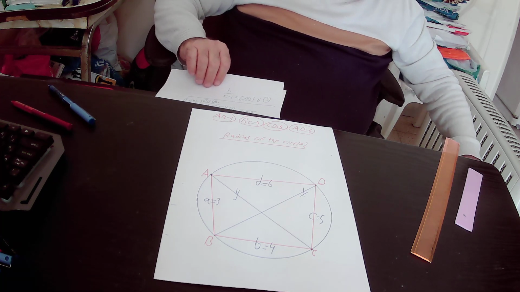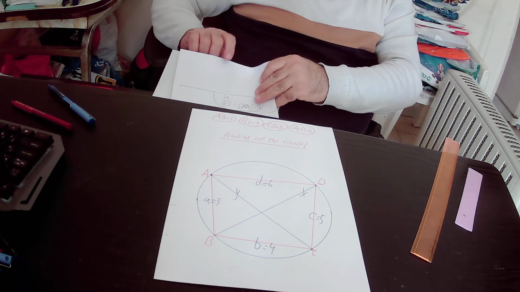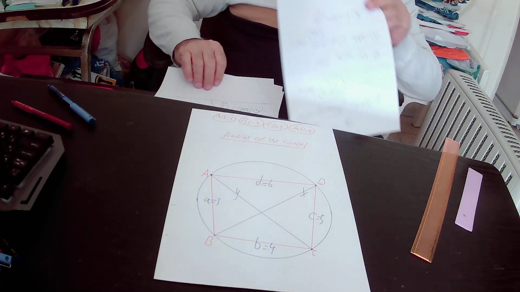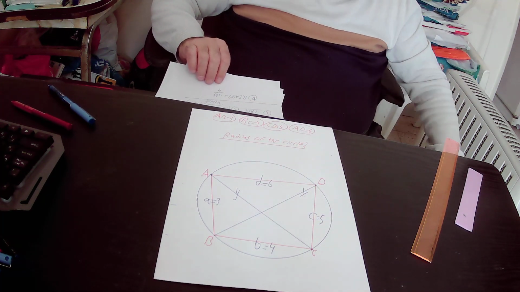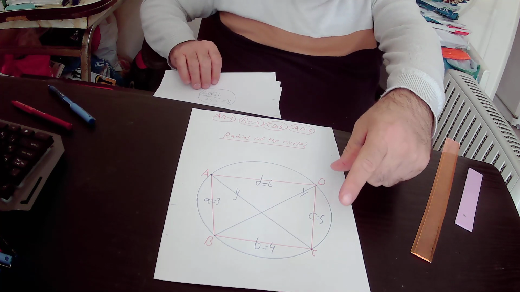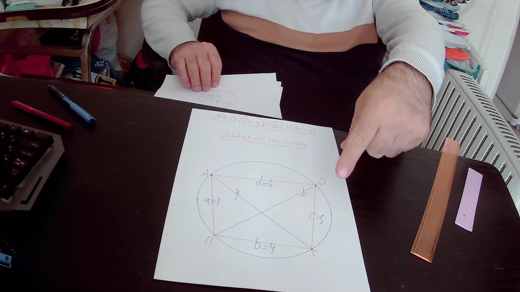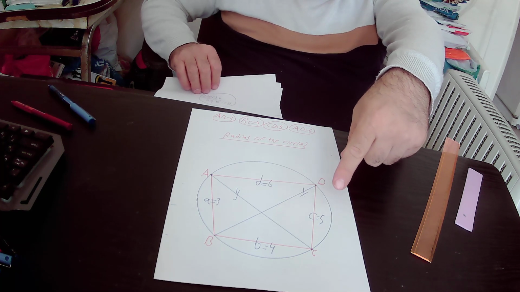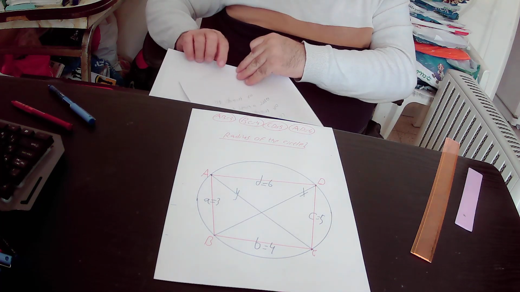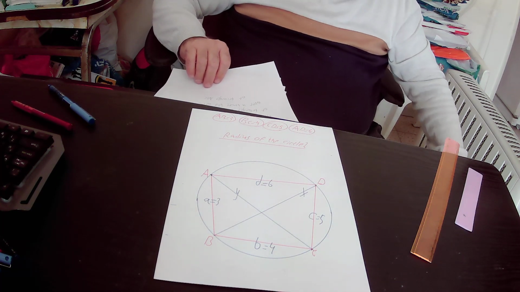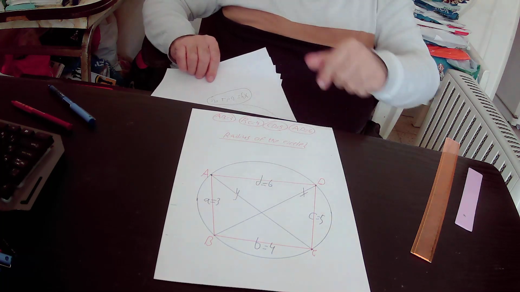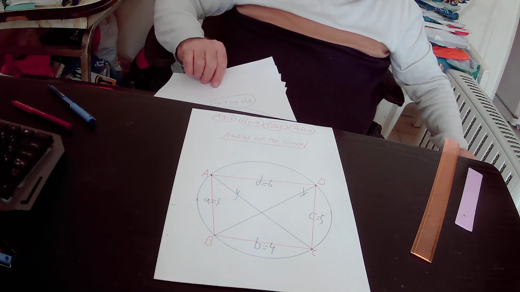BC equals 4 units, so B will be equal to 4 units. DC equals 5 units, so C will be equal to 5 units. AD equals 6 units, so D will be equal to 6 units.